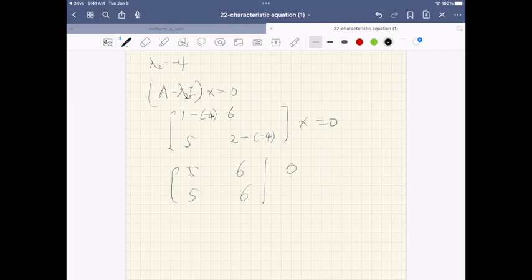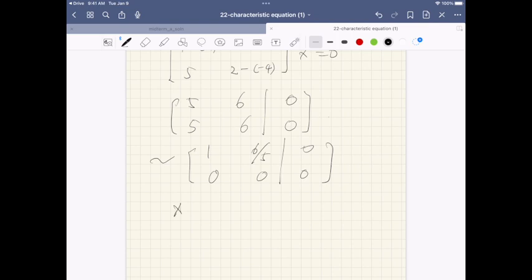So I just write this here: it is 1, 6 over 5, 0, 0, 0, 0. And from the first line, if you divide, x1 is -6 over 5 x2. And x2 is just x2.